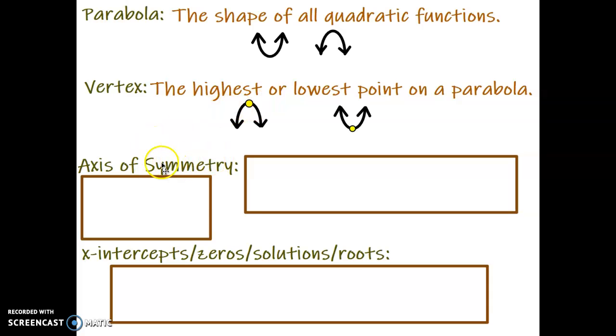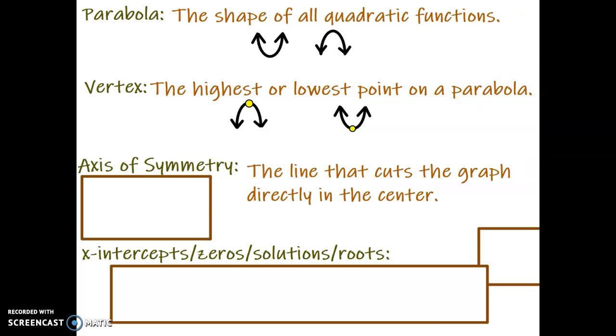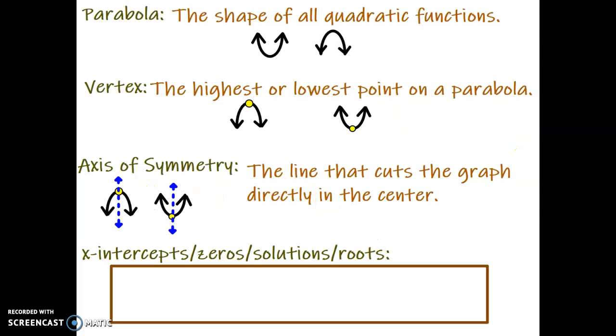All right, another feature of a graph you need to be familiar with is axis of symmetry. And the axis of symmetry is a line that cuts the graph directly in the center. So what that looks like is that blue dotted line right there. We call that the axis of symmetry. Very often we're going to abbreviate that as AOS.